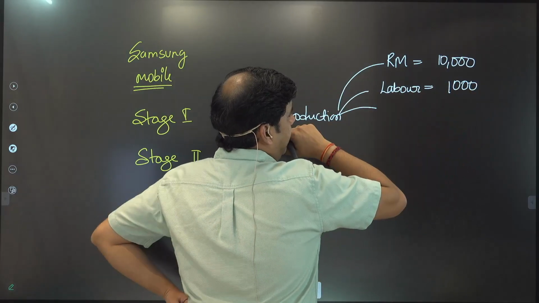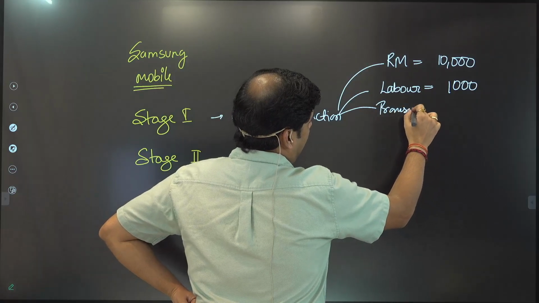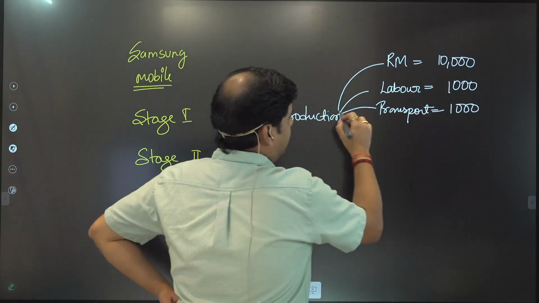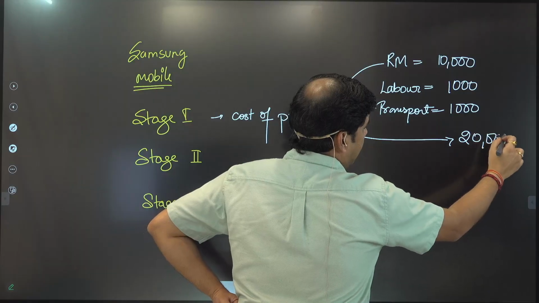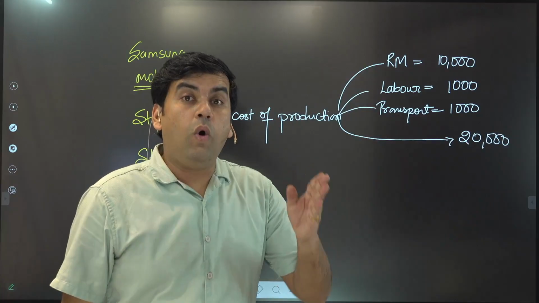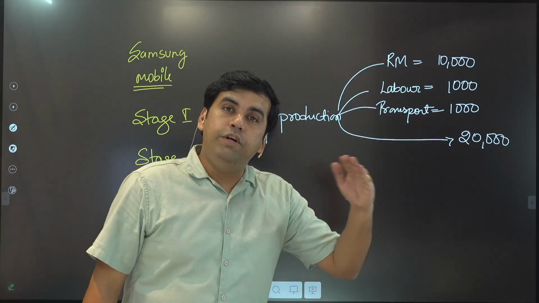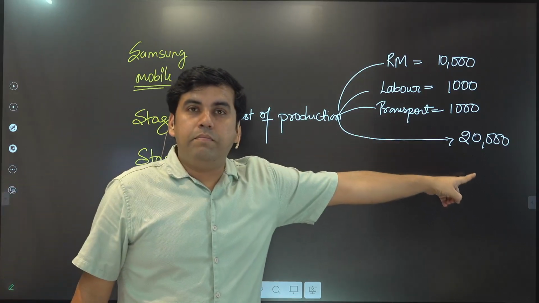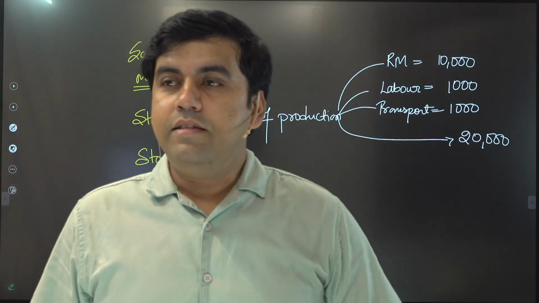For other miscellaneous like transport charges and other things, 1,000 others. All these somehow ended up at, let's say, 20,000 rupees as the cost of production. That is, what is the cost of producing this mobile phone? Is this the price that you pay?